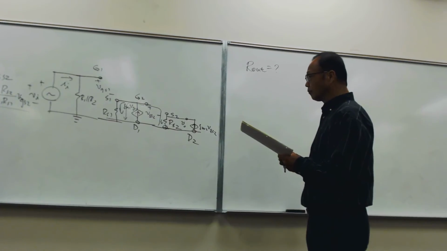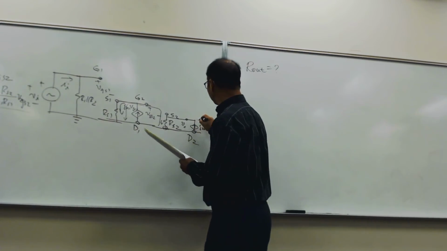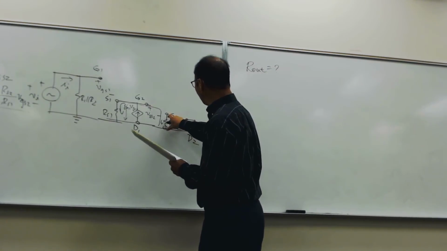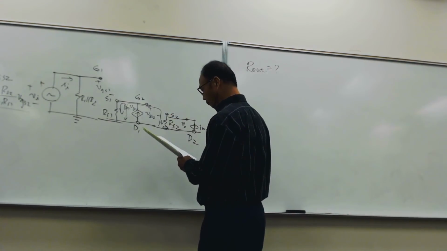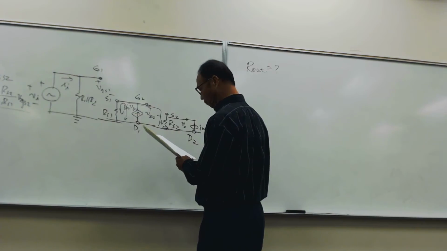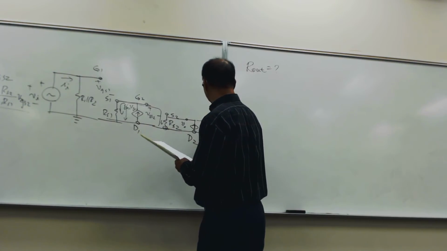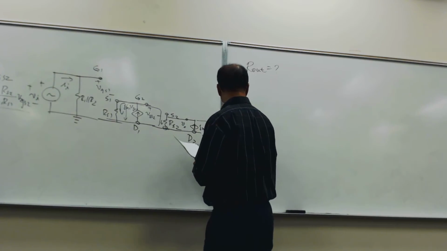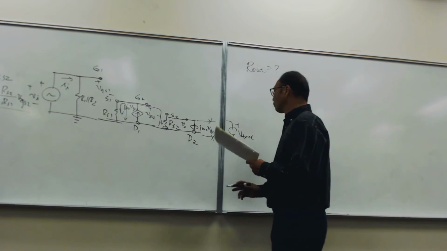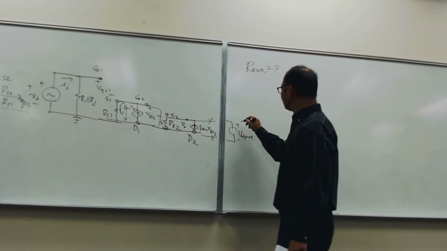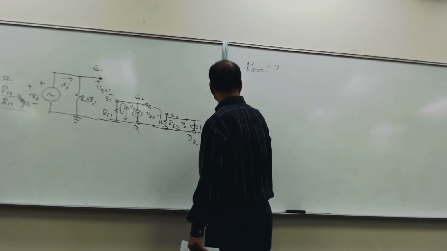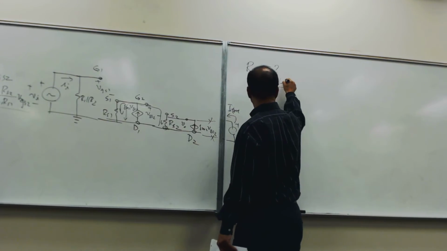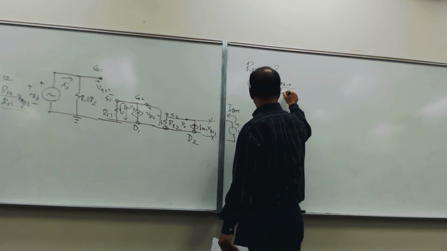Where do you connect the test voltage? Of course, you would connect it across the output terminal. Yes? So basically you can say I connect here. Yes? So that is the V-test. And then this would generate I-test, right? So R out will be just V-test over I-test.